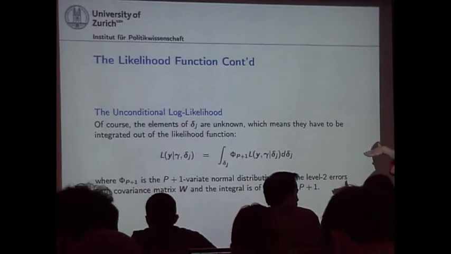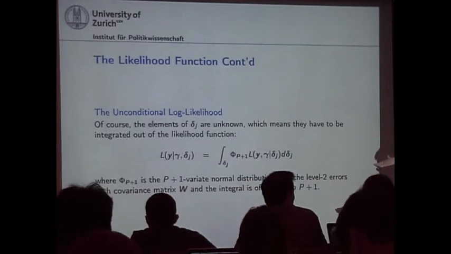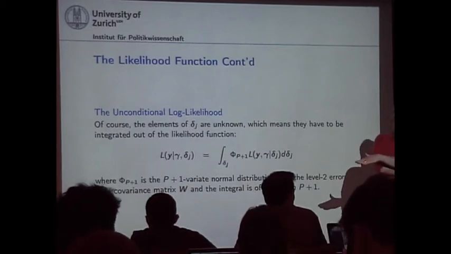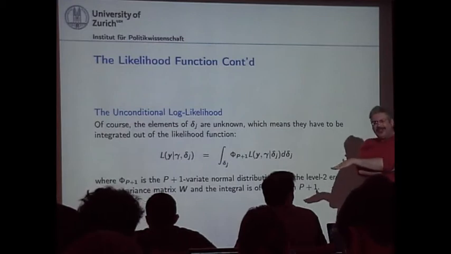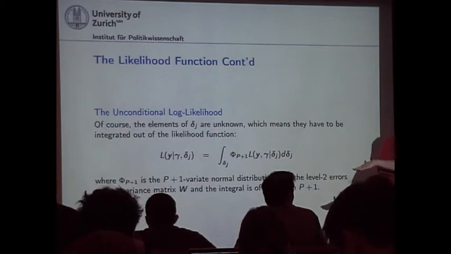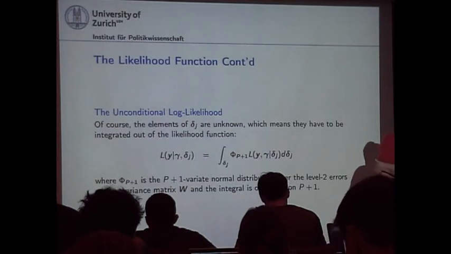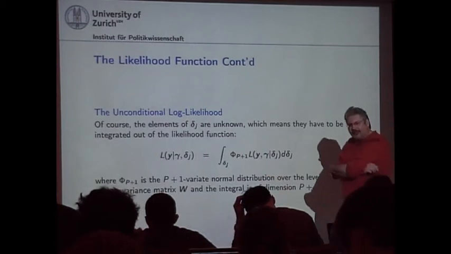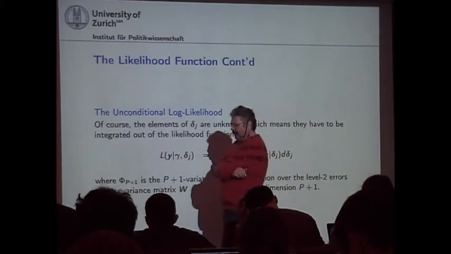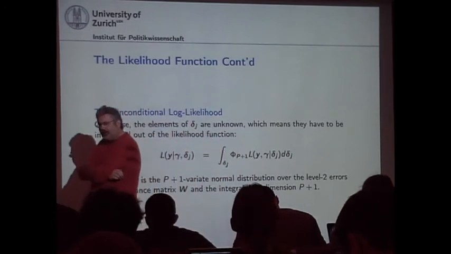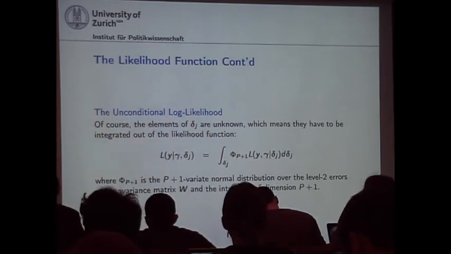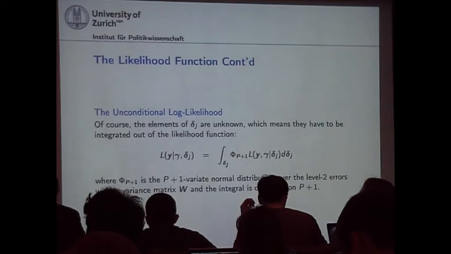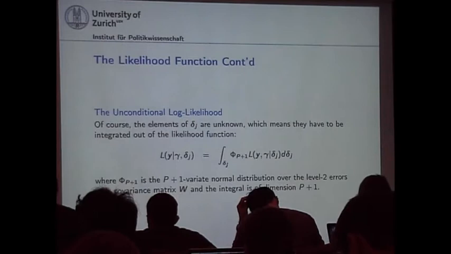Now there's another version where the biases are drastically reduced, but it used to be the case until the recent version that the default that they had in MLWin was the bad estimator, and you would have to ask for the good estimator. For those of you who want to use MLWin, I think the bad estimator is the PQL, what they call PQL, and the good estimator is MQL.